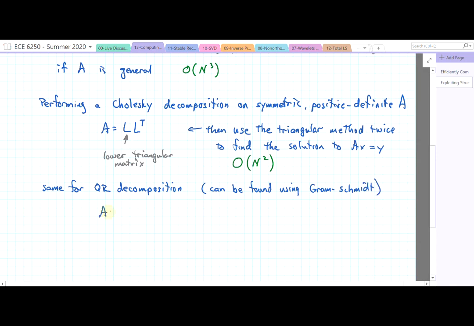And that gives us A is equal to QR. Q is an orthonormal matrix. I also referred to that as an orthogonal matrix up above. And R is upper triangular.